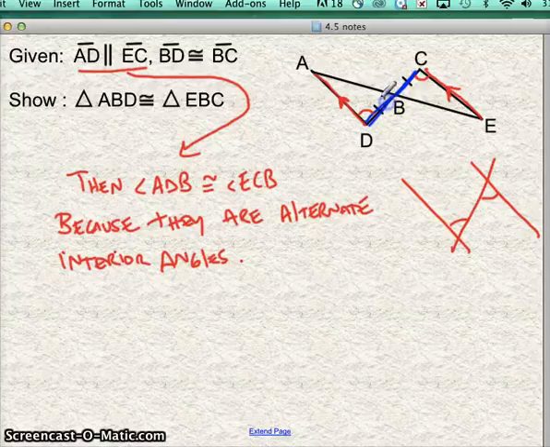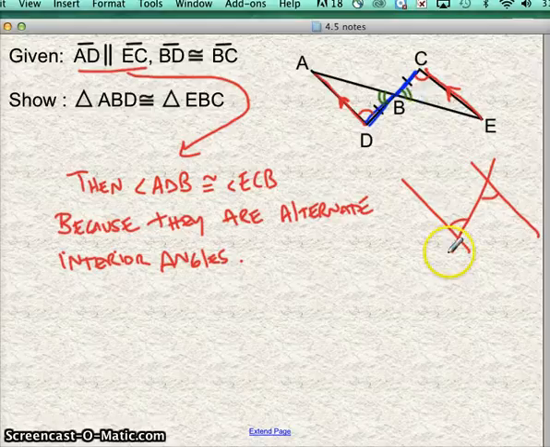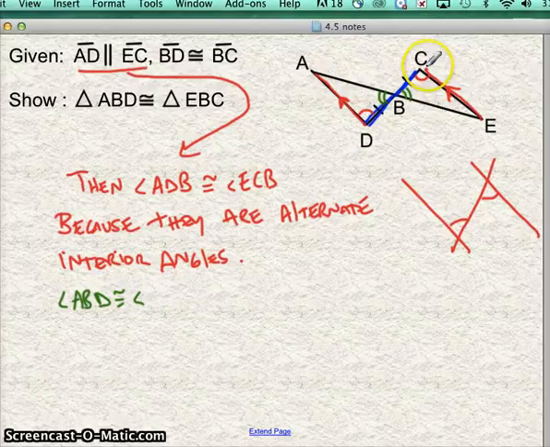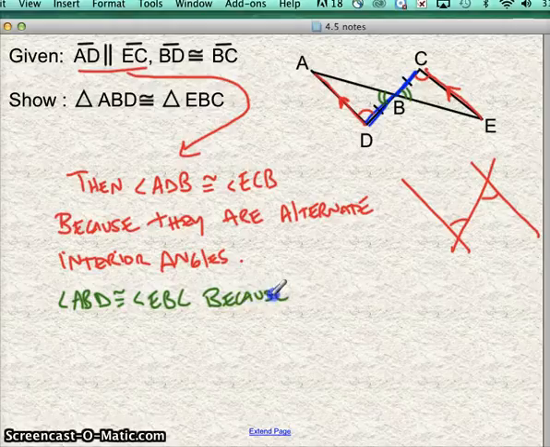Look at this angle right here is congruent to that angle right there because they're vertical angles. I can say angle ABD is congruent to angle EBC because they are vertical angles.